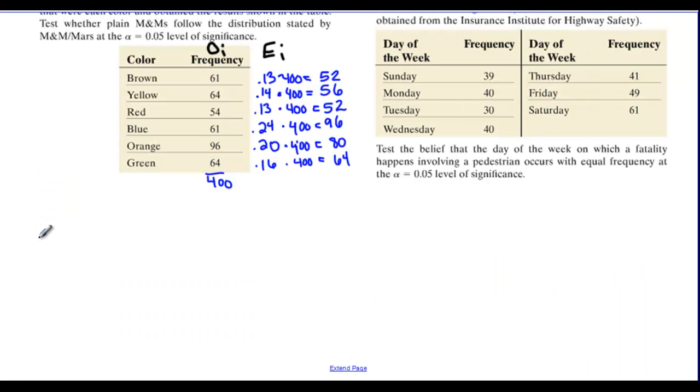So to figure out our chi-squared, we're going to do the sum of the observed minus the expected, squared, over the expected. And we're going to do this for each category.